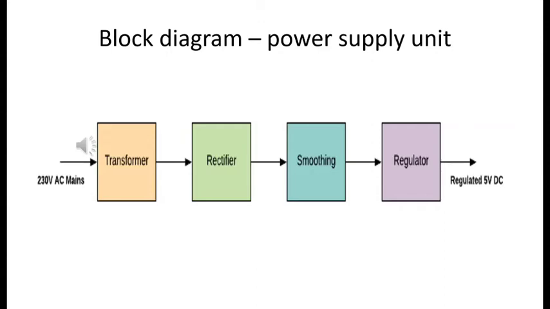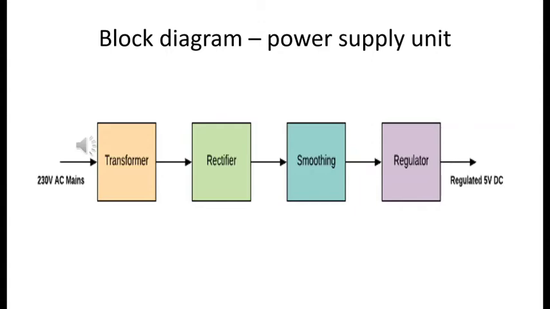After the rectification, the output from the rectifier is still a pulsating DC. It is a DC, but it is still pulsating. To remove the pulsating components, we can use a filter. There are various types of filters.